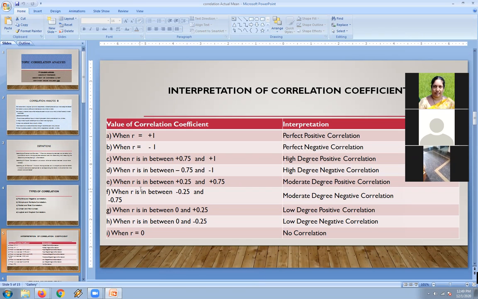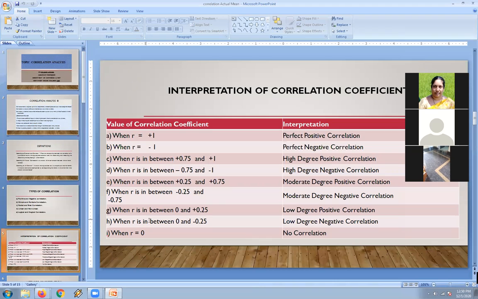If the value of R falls in the range of +0.25 to +0.75, it is called moderate degree positive correlation. If it has a negative value in the range of -0.25 and -0.75, it is called moderate degree negative correlation.